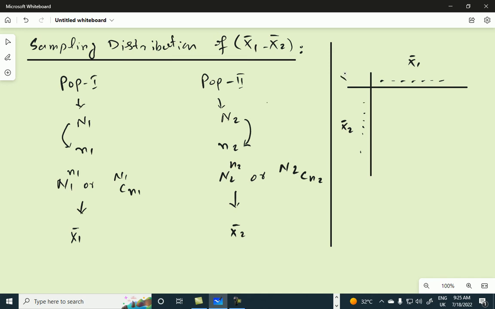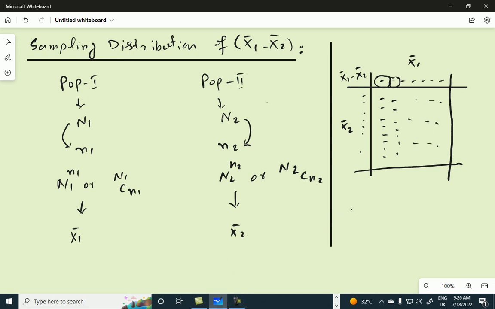If you find the difference, x1 bar minus x2 bar, and subtract all these sample means from the first x1 bar, you will get this column. Similarly, if you subtract all these sample means from the second x1 bar, you will get this column. In the same way, you will get this entire table of x1 bar minus x2 bar.